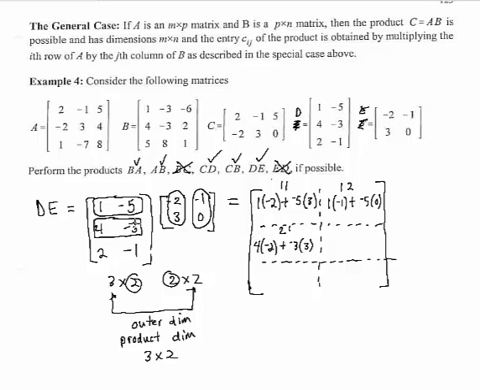And now we take the second row, row goes first, times the second column, column goes after the rows. And so this is the position 2, 2. So 4 times -1 plus -3 times 0.